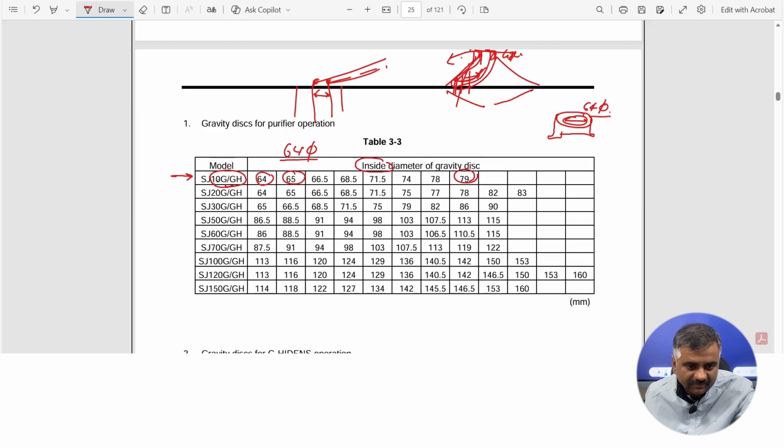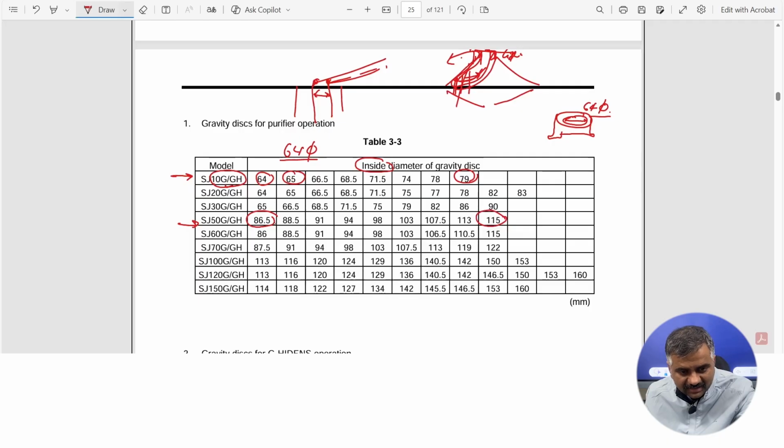The gravity disk looks somewhat like this. Similarly, for the most common model, SJ50, it starts from 86.5 and goes up to 115 mm.